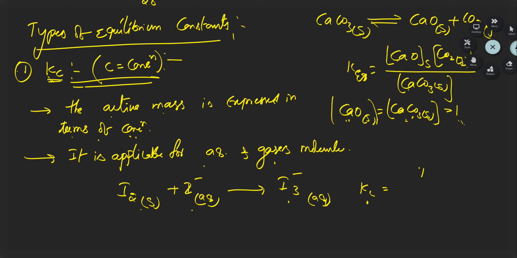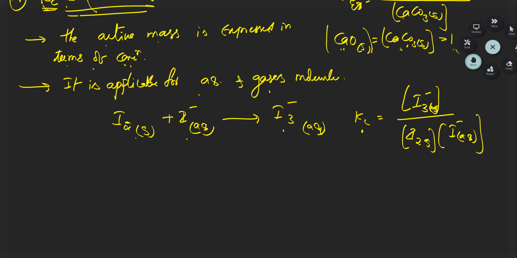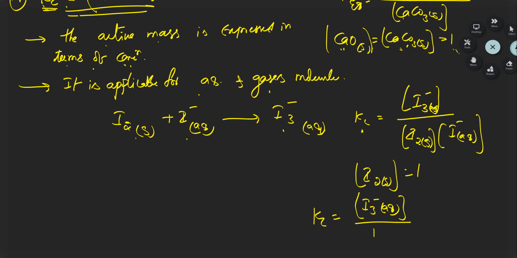Kc is equal to I3 minus concentration in aqueous state by I2 solid state concentration into I minus aqueous state. Here I2 concentration or active mass is equal to 1. So what is the Kc here? I3 minus aqueous state by I minus aqueous state. So this is equilibrium constant in terms of concentration.